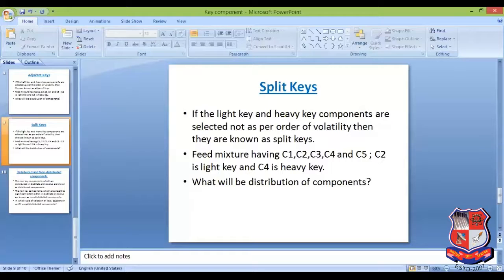So it will be distributed. Light key and heavy key are concepts, but the vapor liquid equilibrium concept will not change. So if a component is lighter and heavier than other components, it will be distributed among distillate and residue, right?